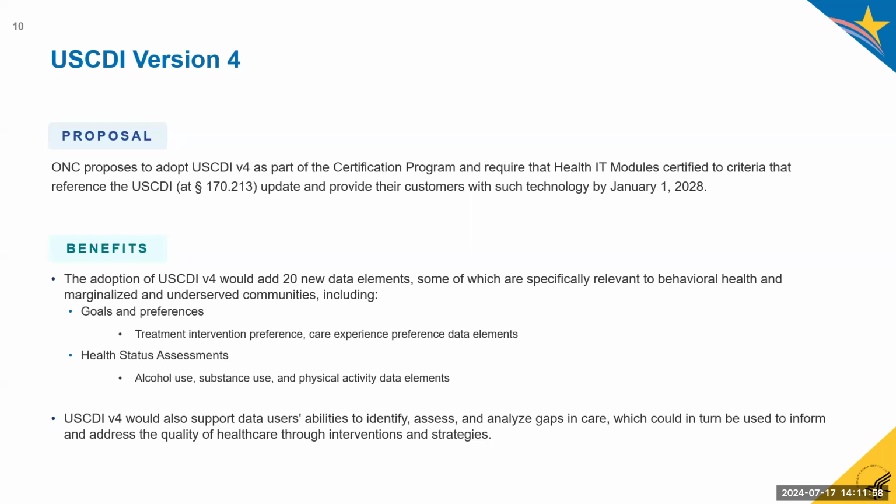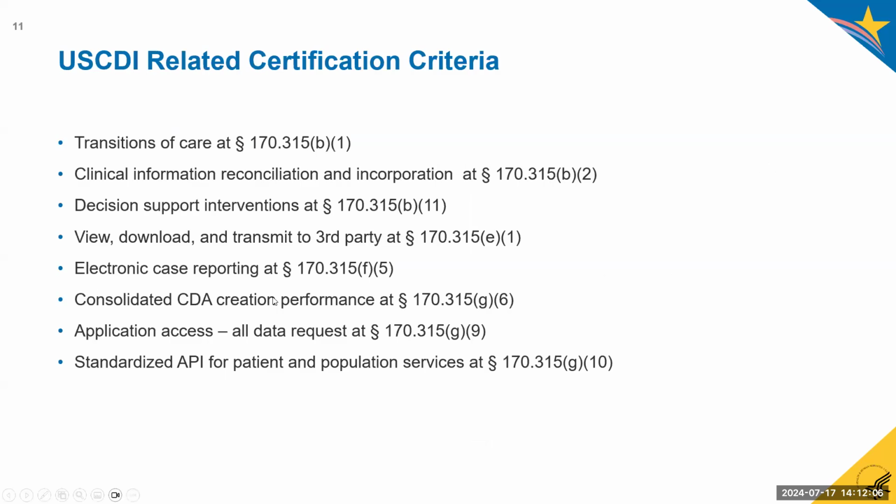This would impact a number of different criteria, and the next slide will show you transitions of care, CIRI, decision support interventions. All of these have USCDI underlying them. So the proposal to move to the next version of USCDI, version 4, by 2028 impacts a number of different criteria in this area. Next slide.